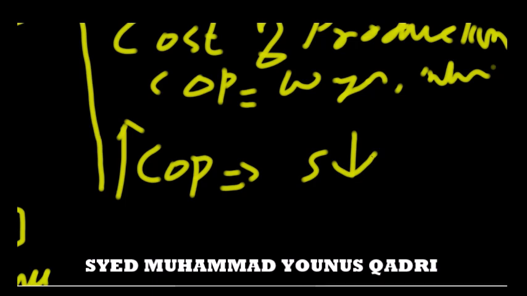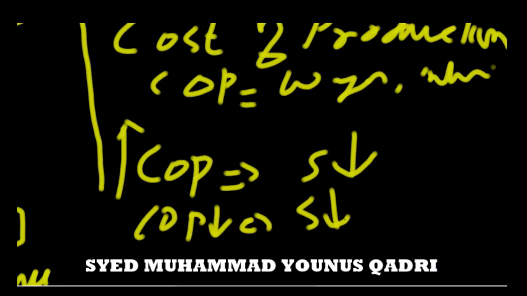If the cost of production decreases, supply will increase. Also, if the managers take a good decision, supply will increase. If they take bad decisions, supply will decrease. That is the same as the demand curve.